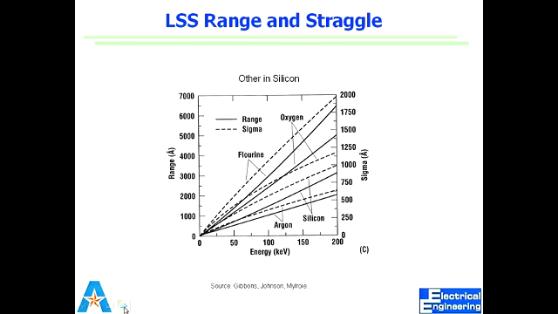Why would we want to do oxygen implantation? To do buried oxide. And what does buried oxide do for us? It forms an insulator embedded within the substrate. It's an etch stop layer, right?